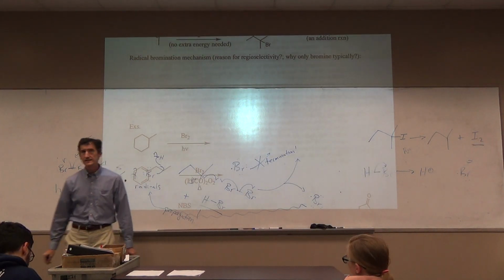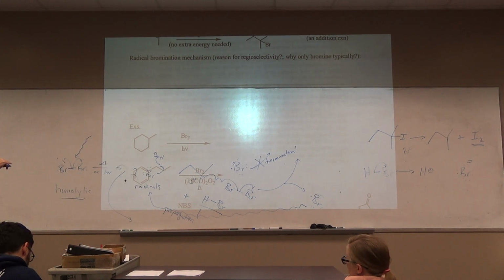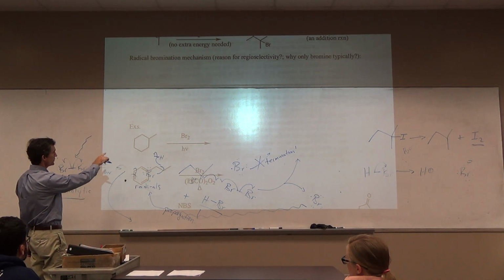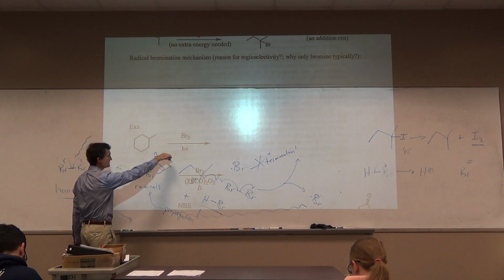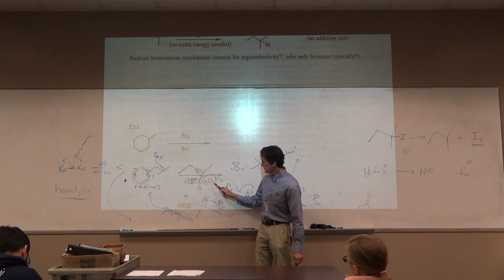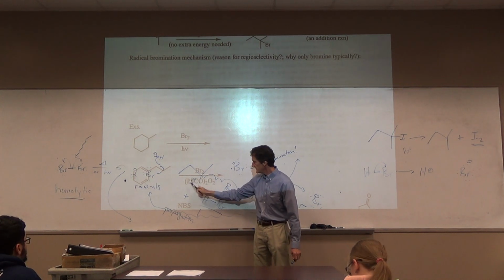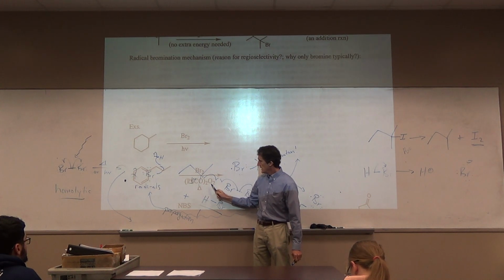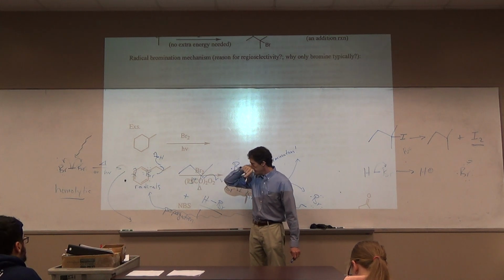And on Wednesday, yeah? Let's finish up a little bit here. Can you show the product of this reaction here? This is with light. You can also do, this is peroxide, okay? Light or heat.